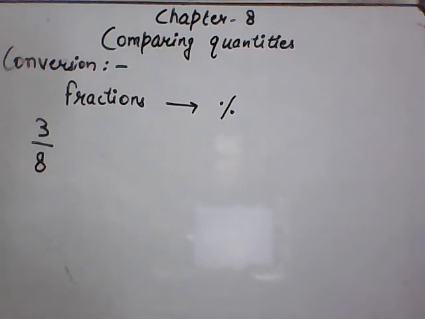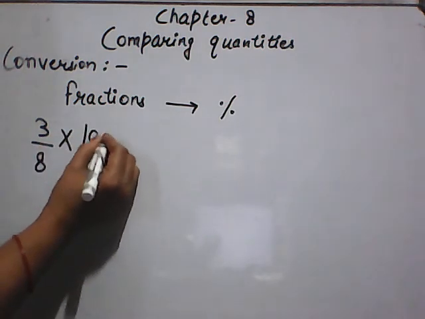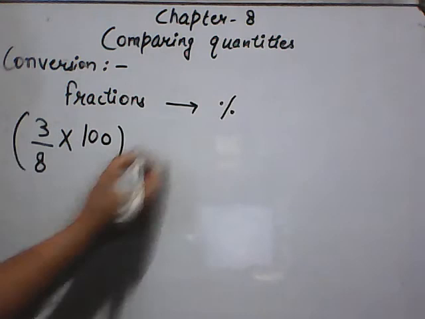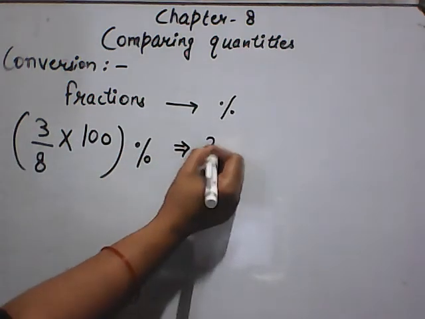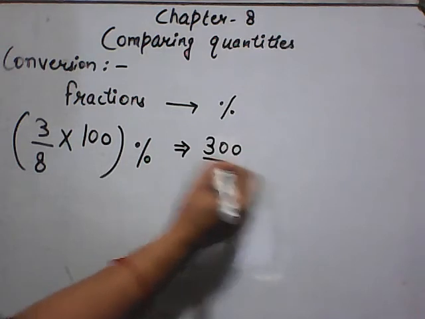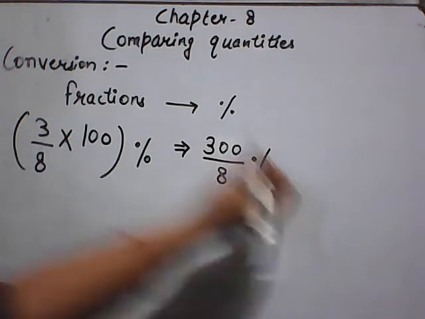Just multiply the fraction by 100 and insert the percentage symbol. Now it is 3 multiplied by 100, which is 300 divided by 8%.